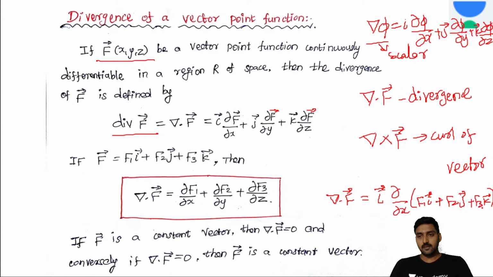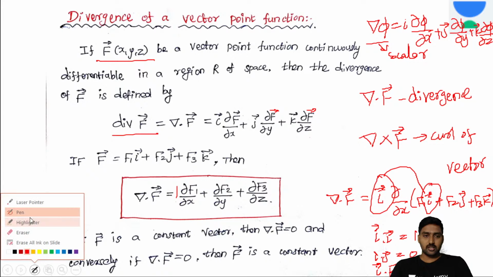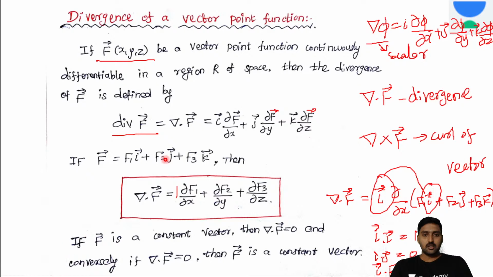Now i vector dot i vector is equal to 1. i vector dot j vector is equal to 0, and i vector dot k vector is equal to 0. So 1 into dou f1 divided by dou x; the f2 and f3 terms give 0.